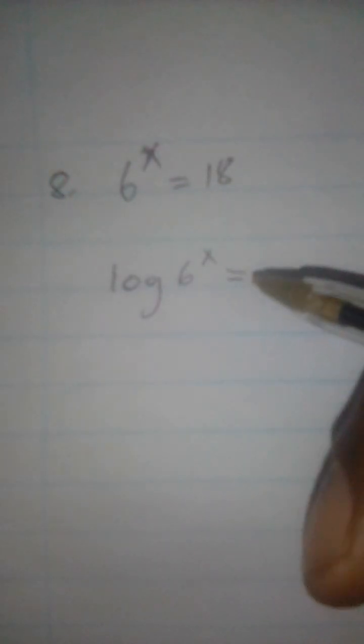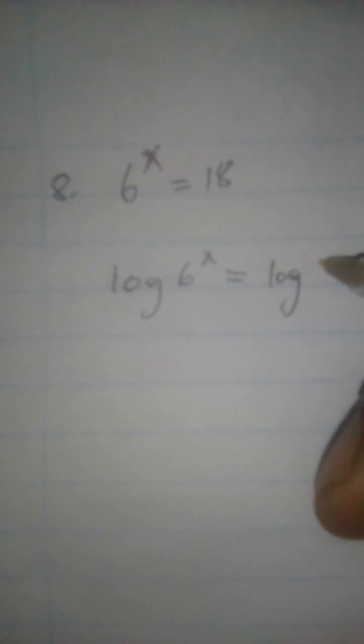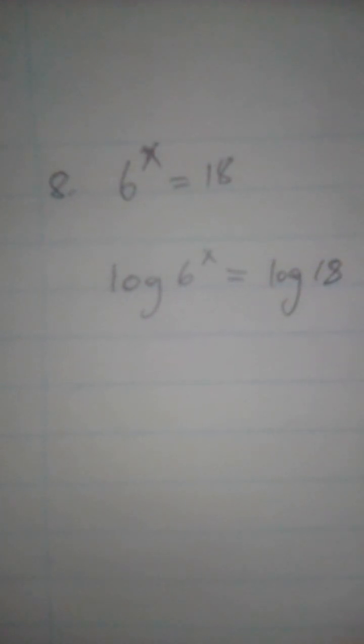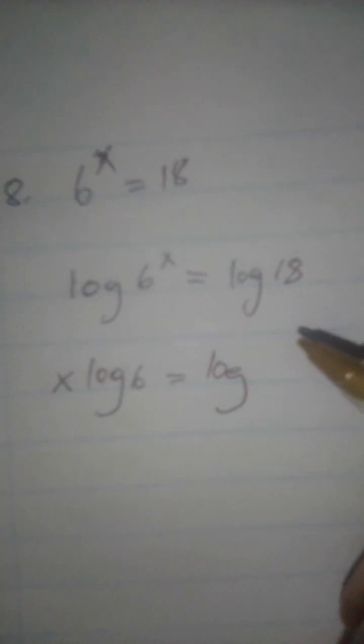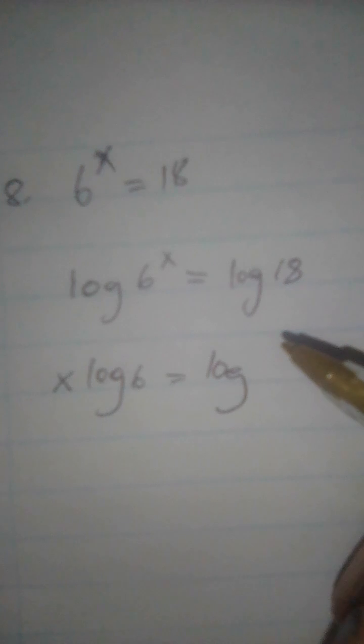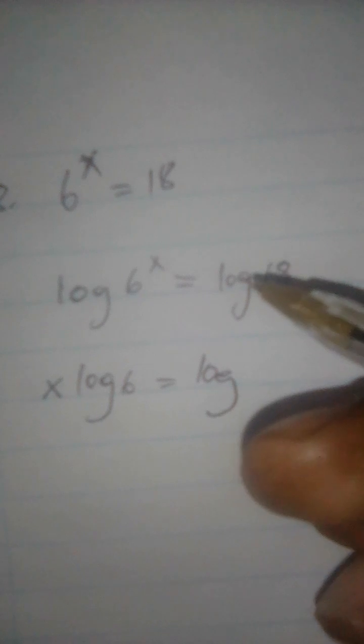So log of 6 raised to x is equal to log of 18. x is going to come to the front, then we have log of 6, which is equal to log of 18. 18 can be rewritten as 6 times 3.